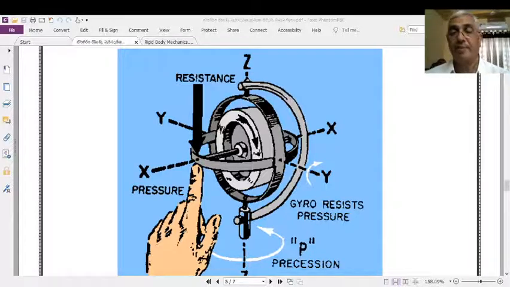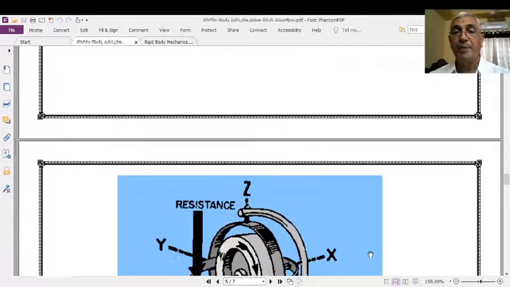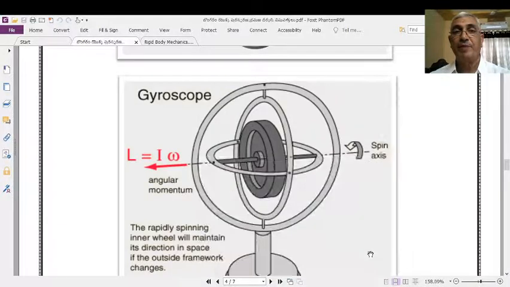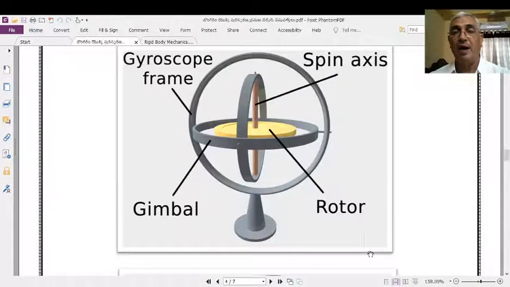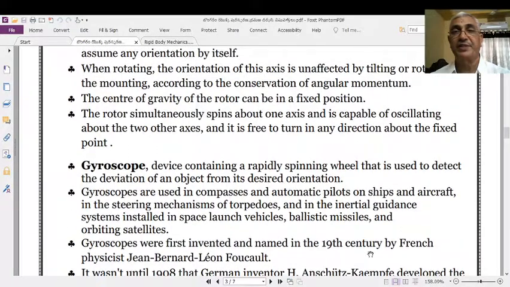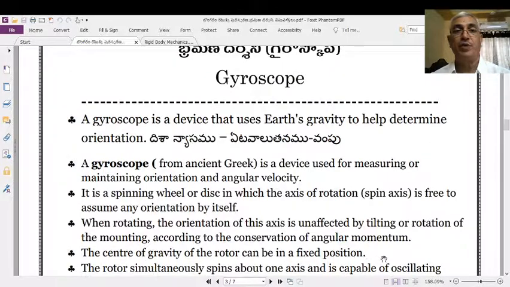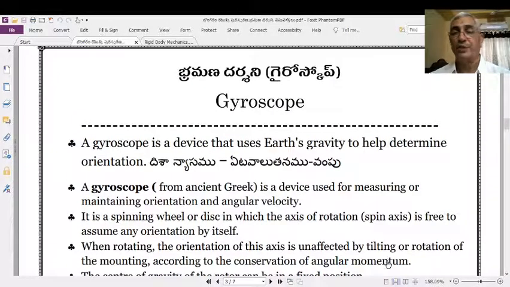Our present topic is also a premium example, where the precessional motion depends upon the motion of the spinning top. That is what is known as the gyroscope.